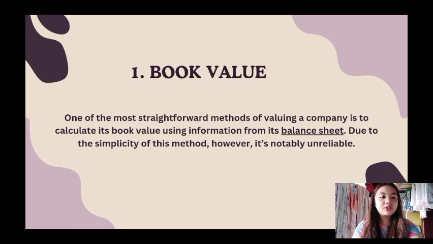One of the most straightforward methods of valuing a company is to calculate its book value using information from its balance sheet. To calculate book value, start by subtracting the company's liabilities from its assets to determine owner's equity. Then exclude any intangible assets. The figure you're left with represents the value of any tangible assets the company owns.